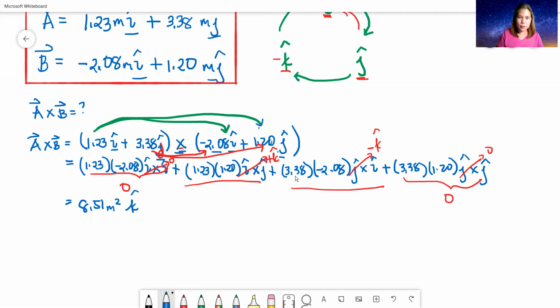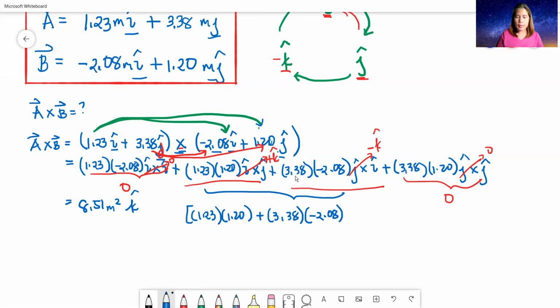Lalagyan ko ha. So itong part na ito, this can be written as 1.23, para mas klaro lang. And then I'll have plus 3.38 negative 2.08.